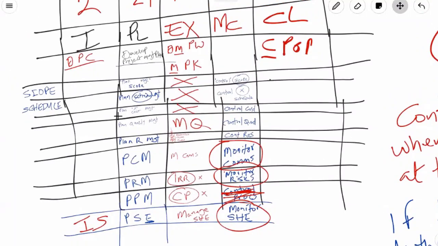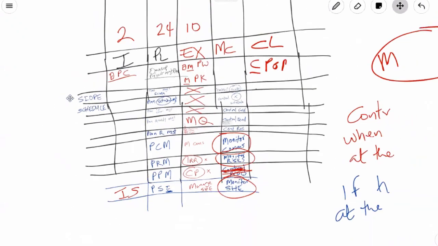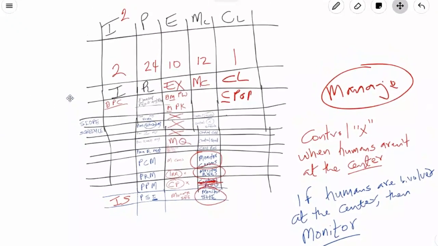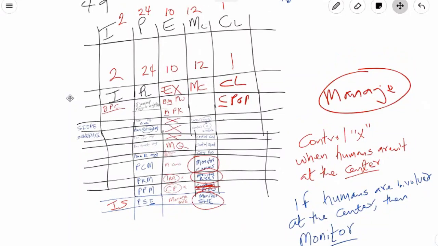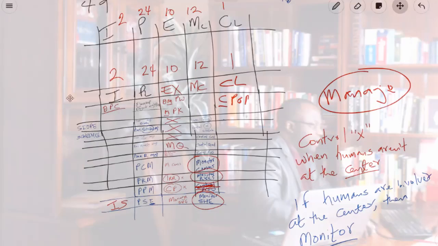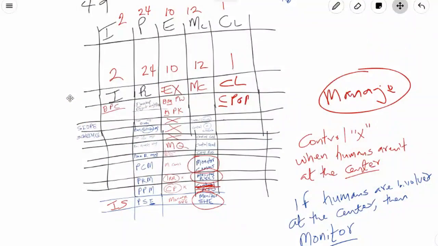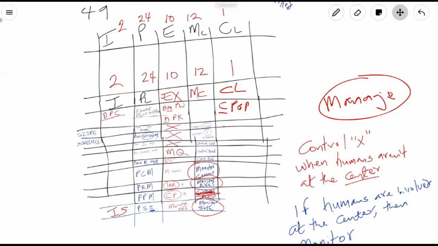Now there is a video I've got out there that goes into a lot more detail regarding these 49 processes and how to get some of the information down. I'm going to show you a slide from that, and I hope it will help you remember the 49 processes.